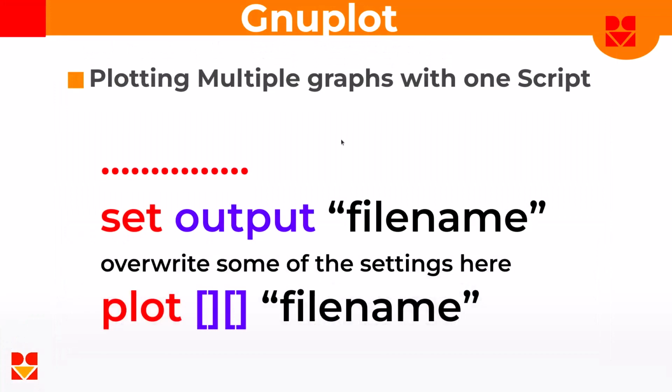So now we've seen how to plot multiple graphs using the same GNU script. All you have to do, if you want to, you set your new output file and then you override certain commands that you want to override, also to use the same configuration as the previous one, and then plot your file. The best thing is to always set your X range and Y range while you are plotting, so that every graph in your script will have a different value.